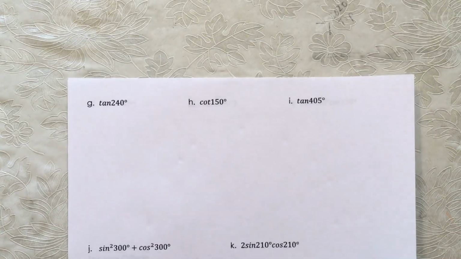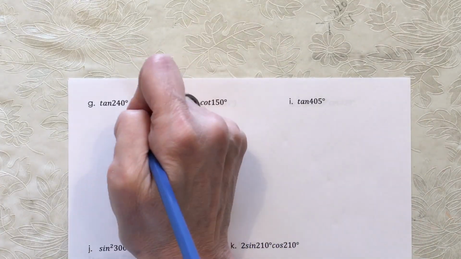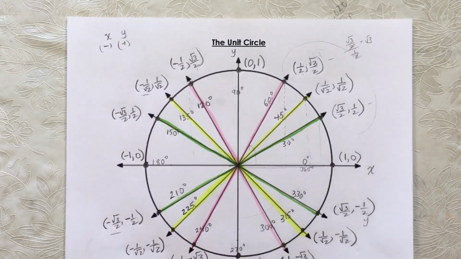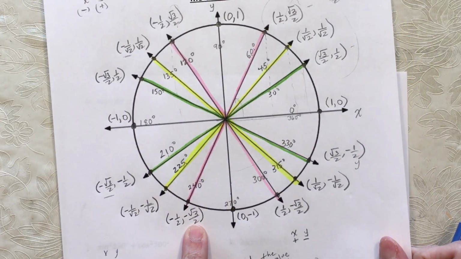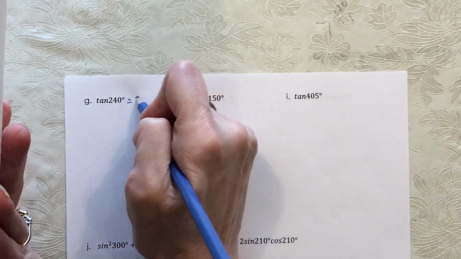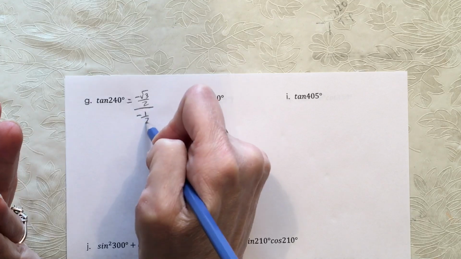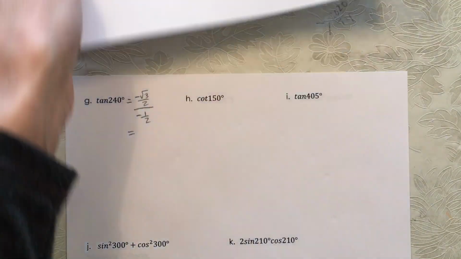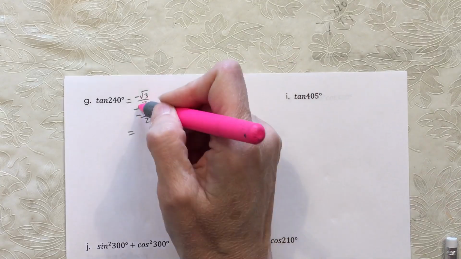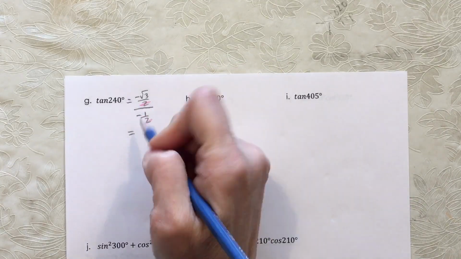All right, tan of 240. So that's going to be, so 240 right here, the y value divided by the x value. So you can write it out in full if you want to. The y value is negative root 3 over 2 divided by the x value, which is negative 1/2. Remember, if the denominators when you're dividing fractions are the same, they divide out. So you end up just having to divide the numerators.